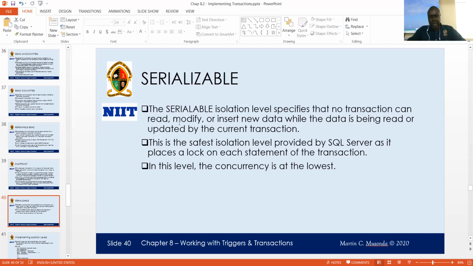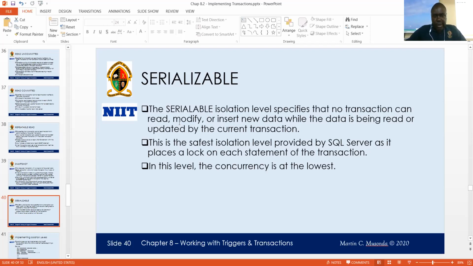This is the safest isolation level provided by SQL Server, as it places a lock on each statement of the transaction. Remember, the others that we have looked at will allow access to data in certain instances, but this one blocks access to the data until the transaction has been completed.